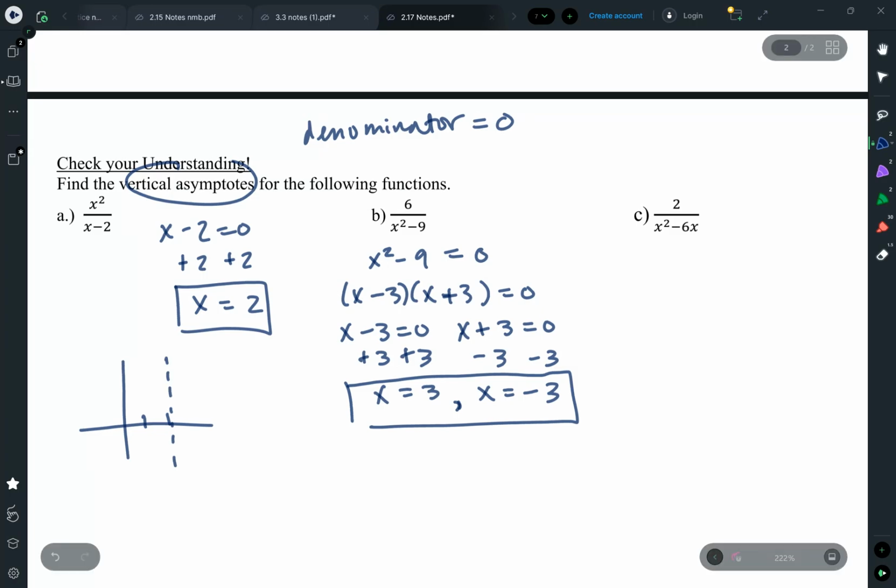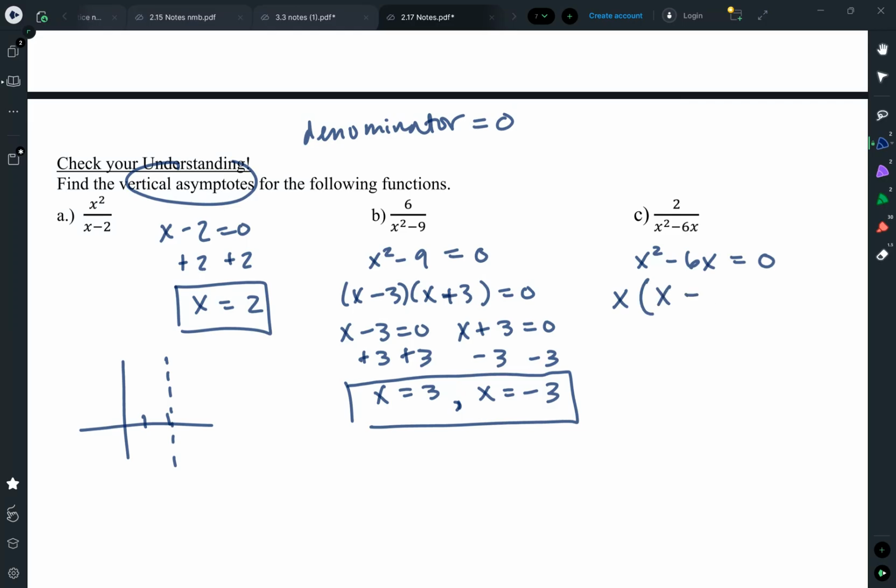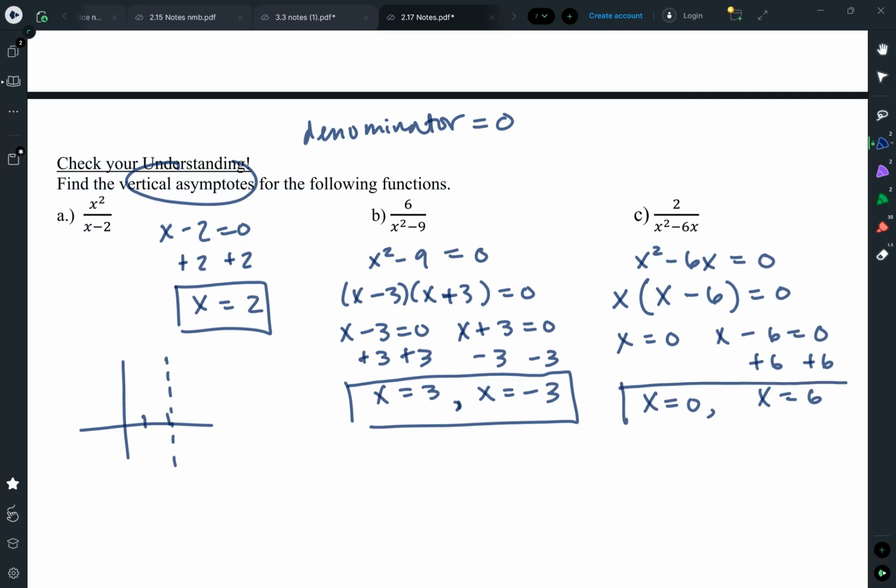Next one, take your denominator, make it equal to 0 again. And this time we're going to factor out an x. This one is not perfect squares, but I do notice that both terms have an x. So that's like when I factor out a greatest common factor. I put it in front of the parentheses, write down what's left. The x equals 0 is already solved. And then when I add 6, I get x is equal to 6. So my answers are x equals 0 and 6.